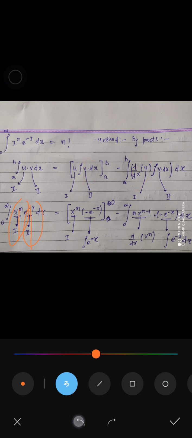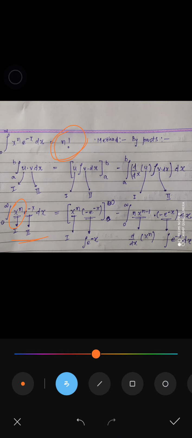We take as the function to be integrated the one that is as easy as possible to integrate, and the one to be differentiated as easy as possible to differentiate. You can also observe that the n factorial will come from this equation only if we take the first function as x raised to the power n, so that its differentiation can be done.